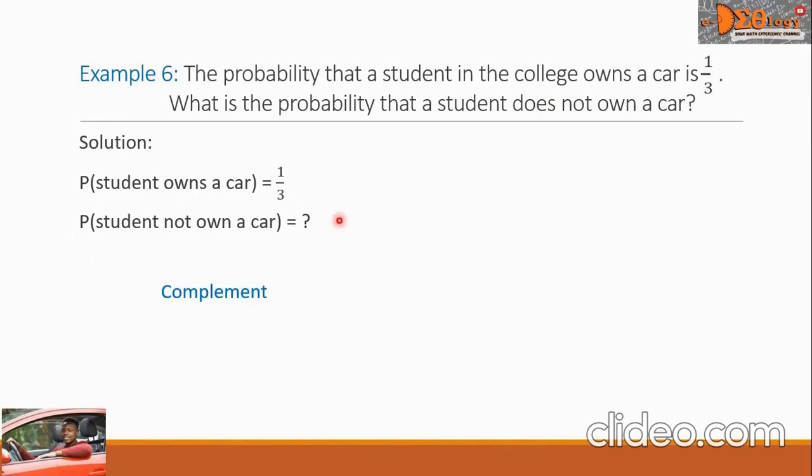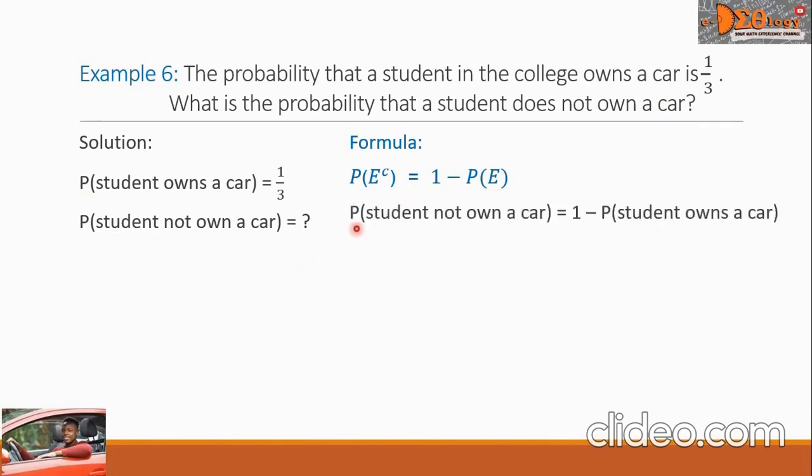We have a formula for the complements. So we have here P of the complement of an event equals 1 minus P of the event. With regard to our problem here, we may write the P that a student does not own a car equals 1 minus P, or the probability that a student owns a car.